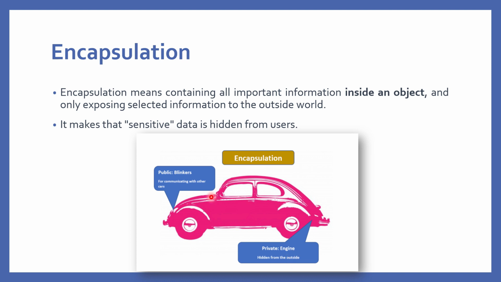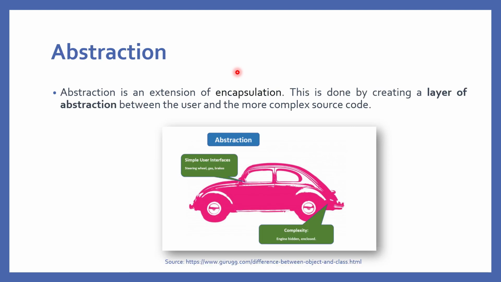So every class can have some public and private members. Public members are used to expose the information of the class to the outside world, while we can keep sensitive data of the class as private. And this concept is considered encapsulation in object-oriented programming.